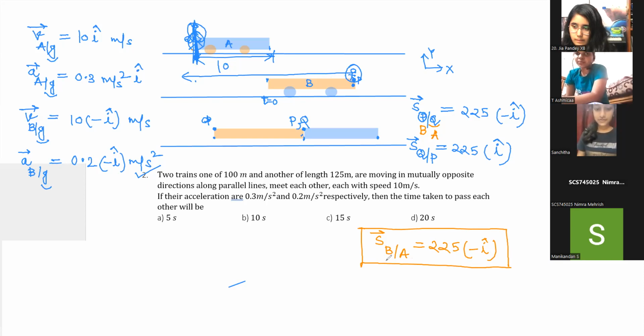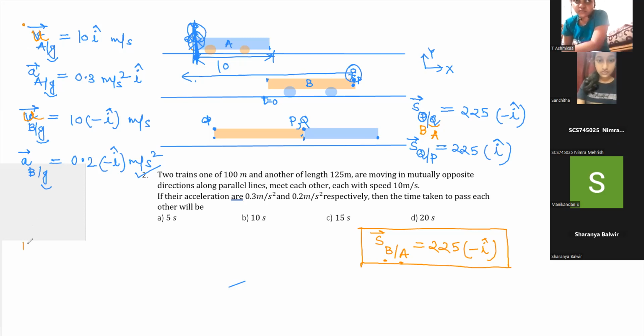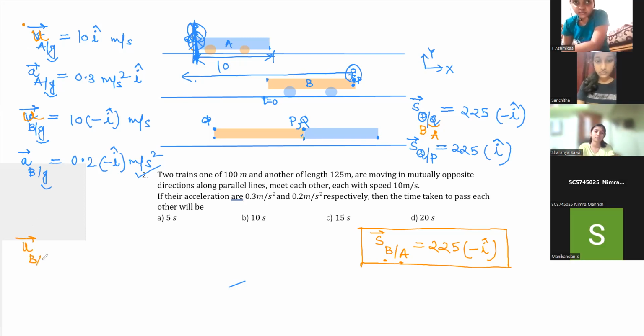So we have the displacement of B with respect to A. But do we have the initial velocity of B with respect to A? These were the initial velocities, right? So let me write it as UBG. So can you find UBA now? Because A is our frame of reference, right?